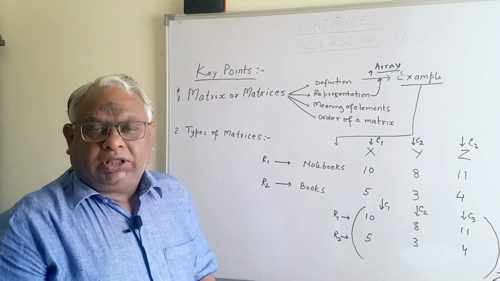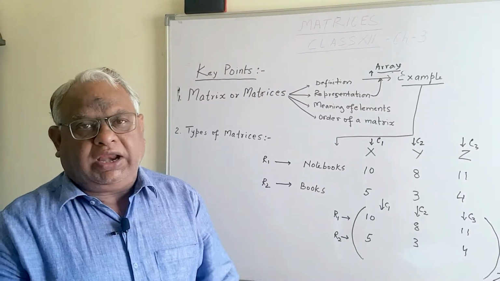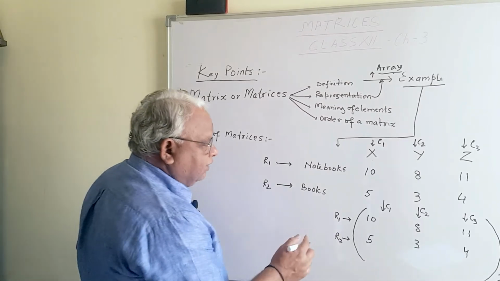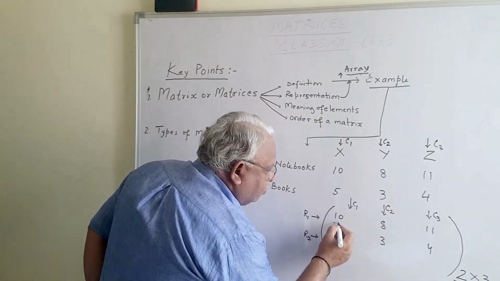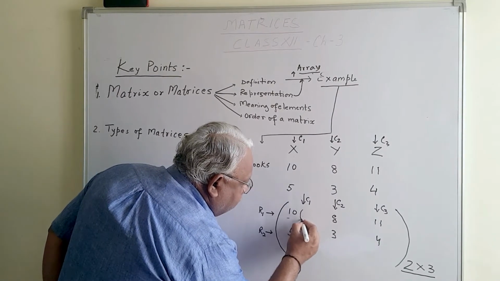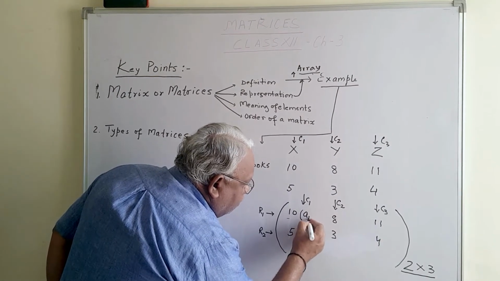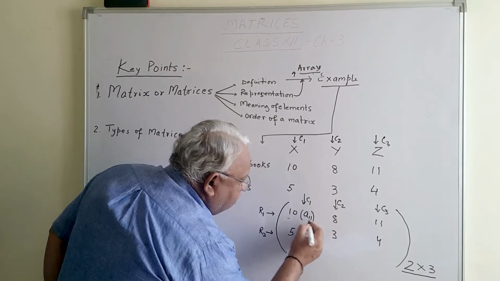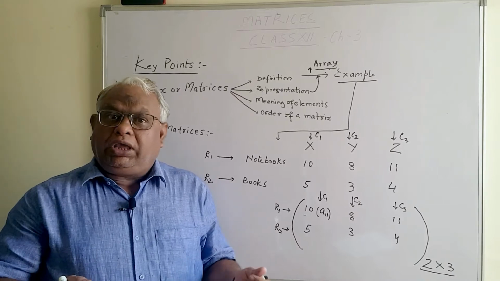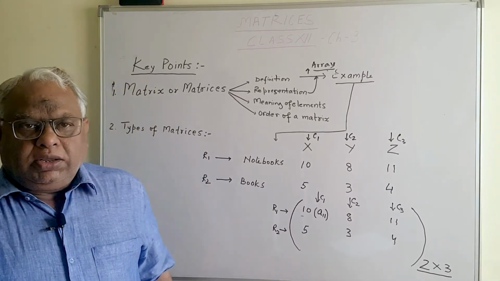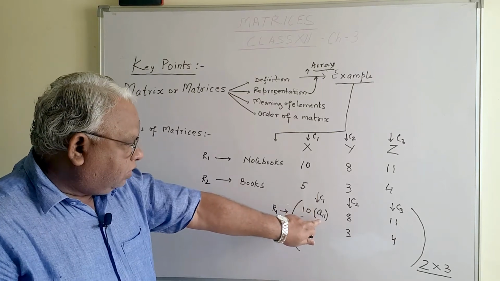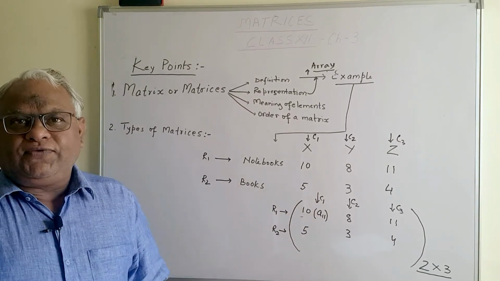Now comes the location of this data, or element. Look at this. This is first row and first column. So the position of this is A11. Now you must be surprised why I am using A11.